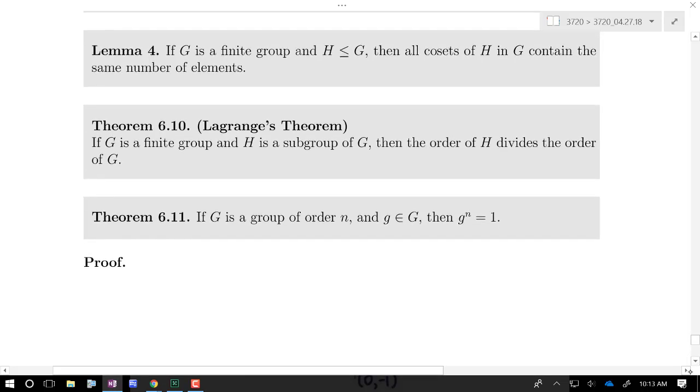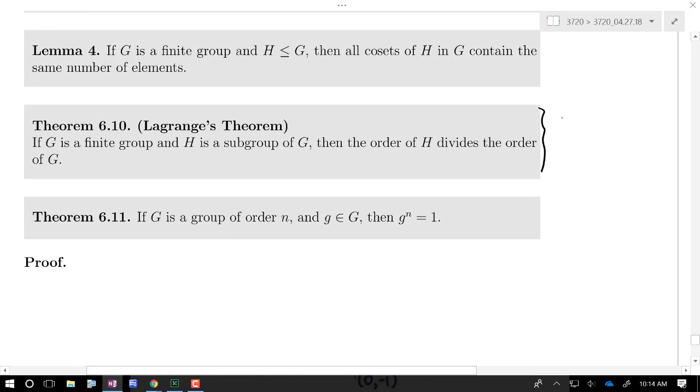And now we get kind of a big result. Lagrange's theorem says that if H is a subgroup of G, then the order of H divides the order of G. And here we're using the word order to mean the number of elements. Here's one way we might use Lagrange's theorem, just a really quick example.